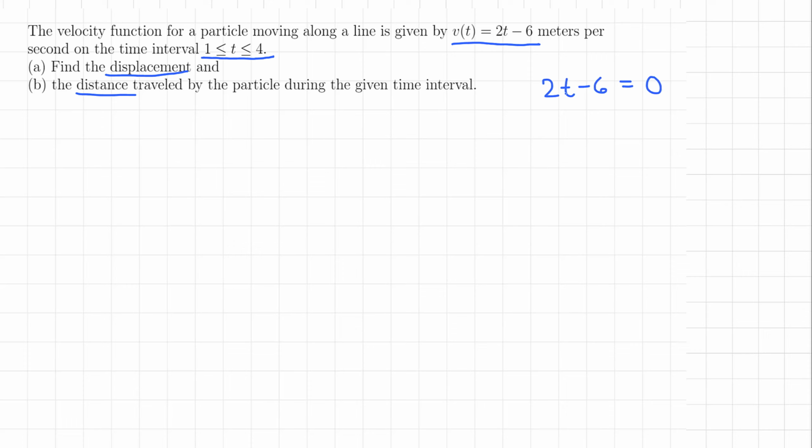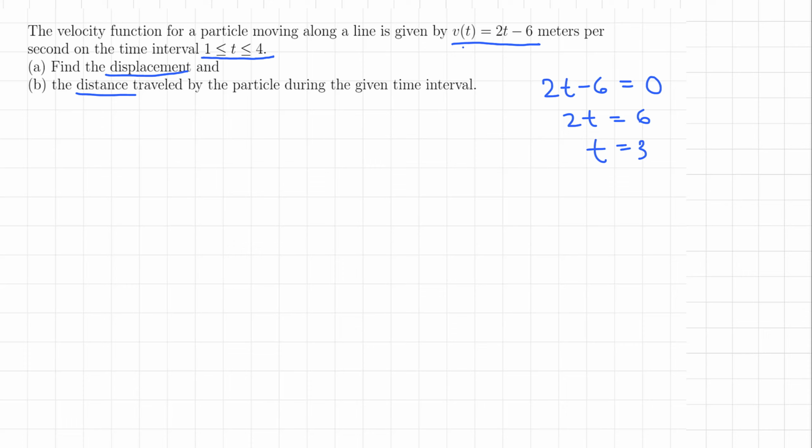At 3. Or you can solve: add 6 to both sides, divide by 2, so 3. So 3 is between 1 and 4. So velocity negative and positive means going to the right side and coming back to the left, like the elevator going up and down.